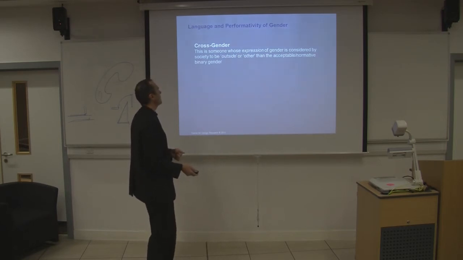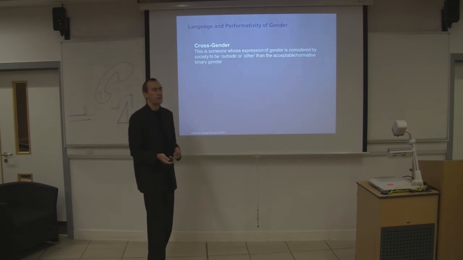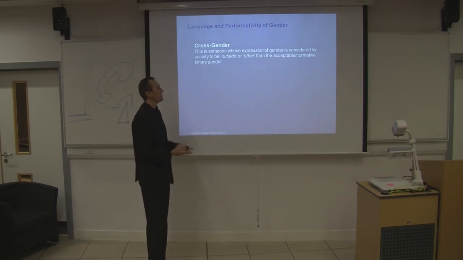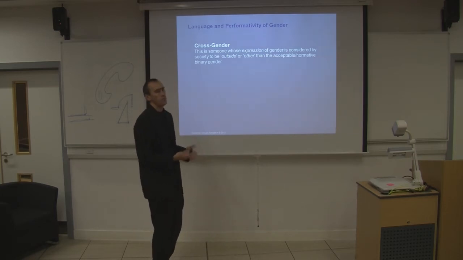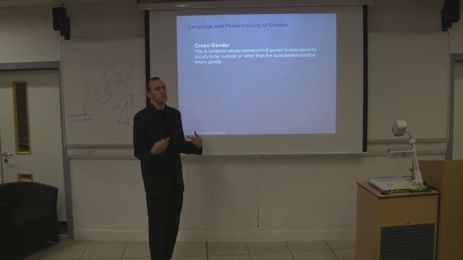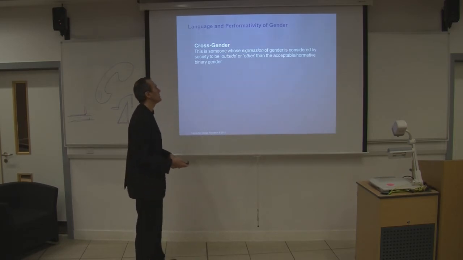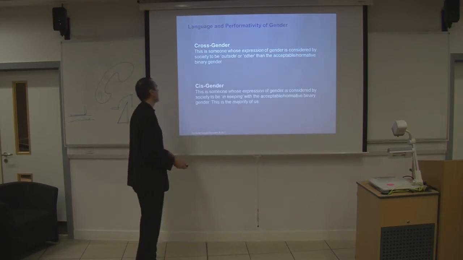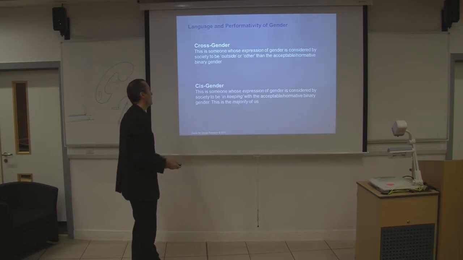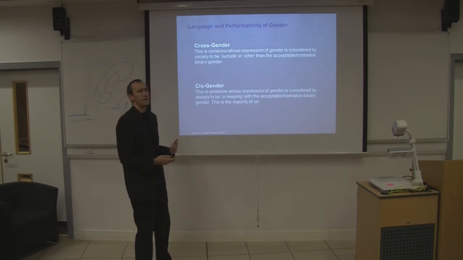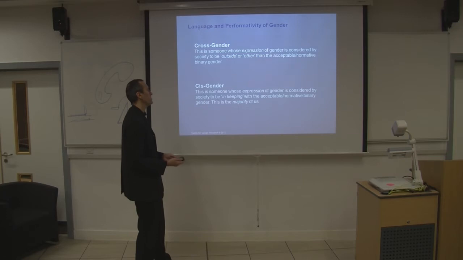Now, cross-gender, this is somebody whose expression of gender is considered by society to be outside or other than the acceptable normative binary gender. And this is another important point. We develop a perception of what is normal around these categorical models, typically binary models, oversimplified models. And cisgender refers to someone whose expression of gender is considered by society to be in keeping with the acceptable normative binary gender.